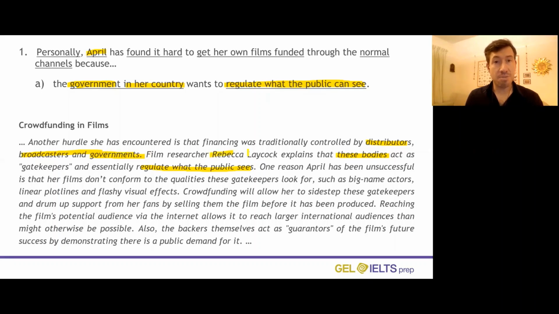And this is Rebecca Laycock speaking, not April. It's saying these bodies, so these governments want to regulate what the public sees. It's not the governments in April's country. There's no mention of in her country. So although we can see governments, although we can see regulate what the public sees, these are distractors.